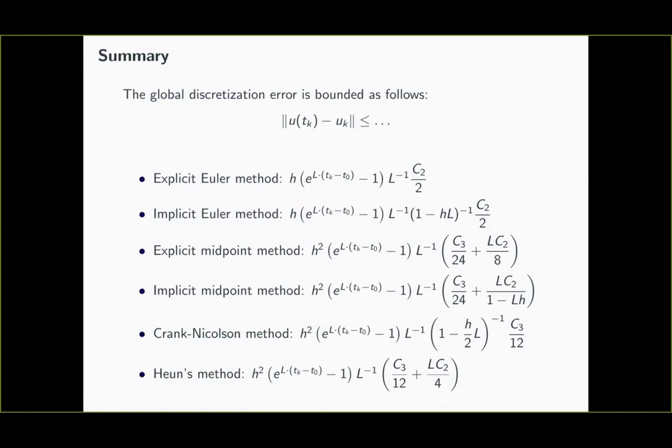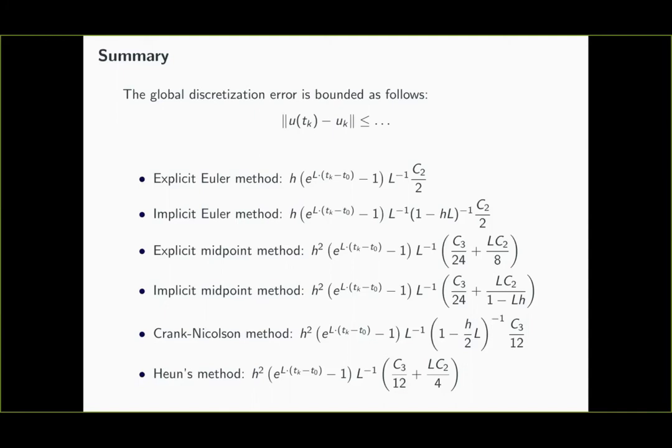Essentially, what matters here is that I check the upper bounds for the local discretization errors, reduce the power of h by 1, and then multiply by some particular factor, which we have seen is exponential of L times (tk minus t naught) minus 1, times the inverse of L.